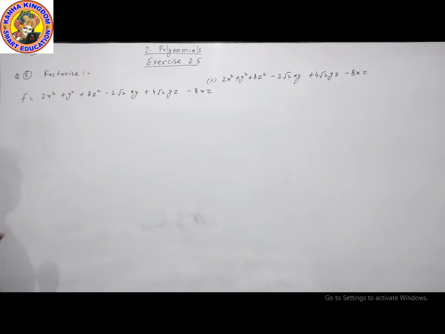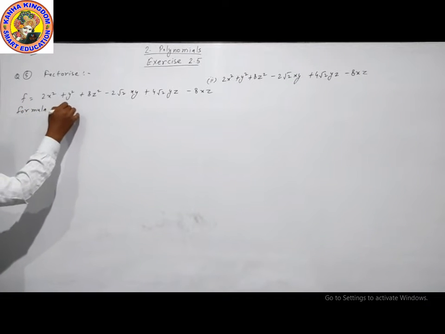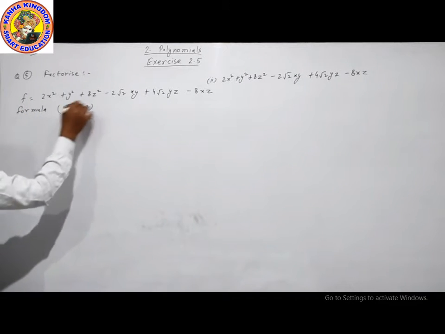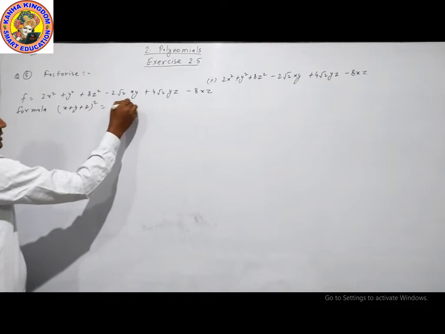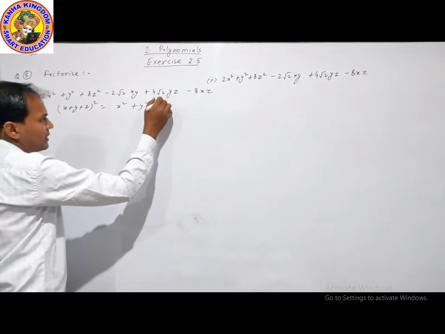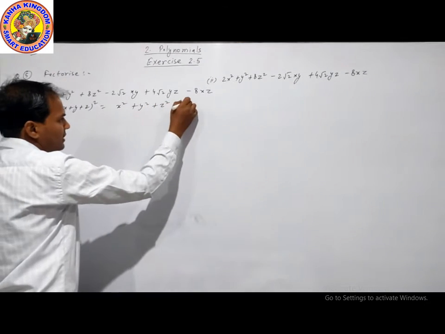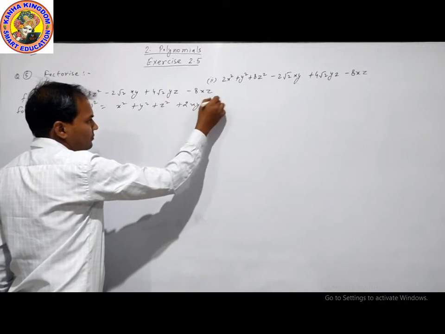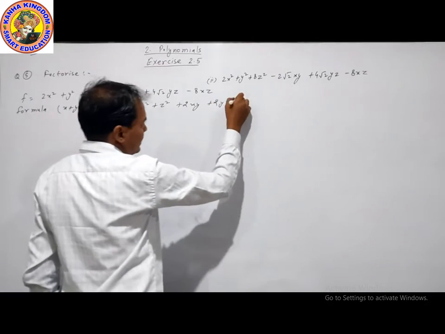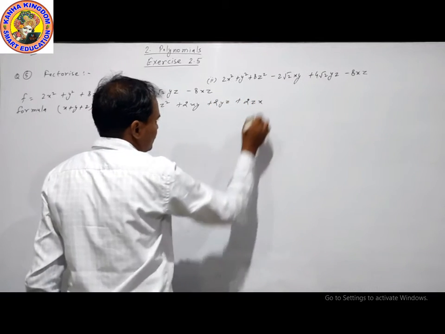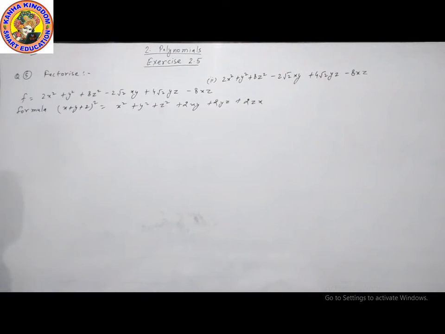Now the related formula: x plus y plus z whole square is x square, y square, z square, 2xy, 2yz, 2zx. This is our formula.